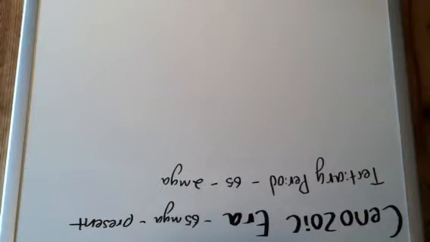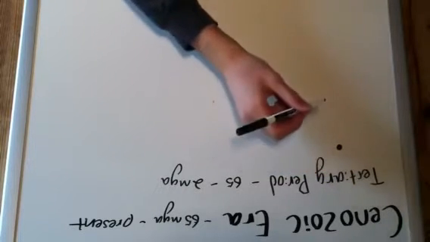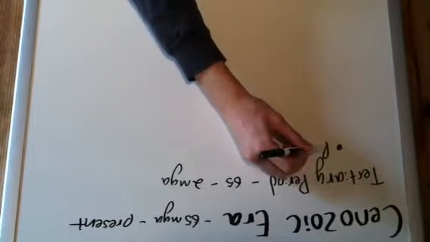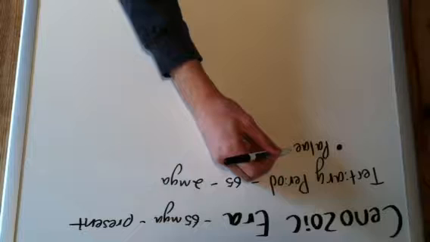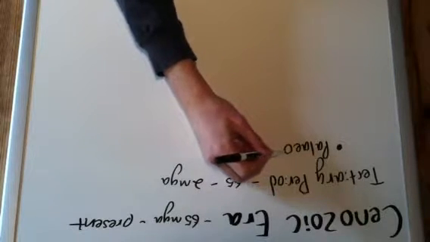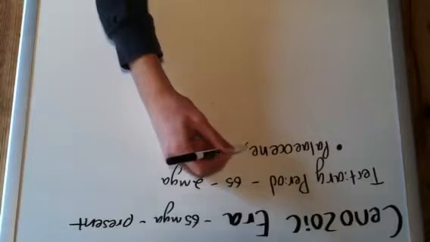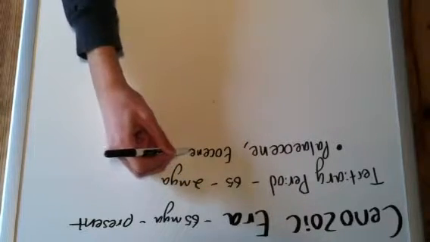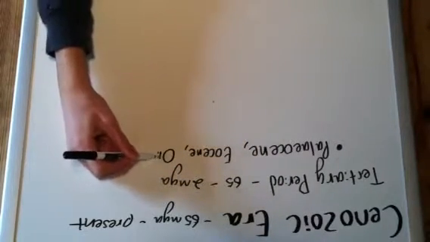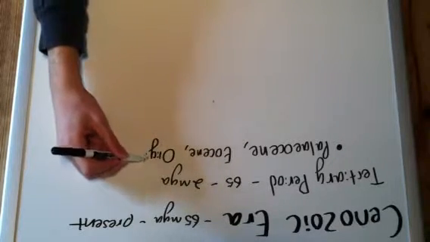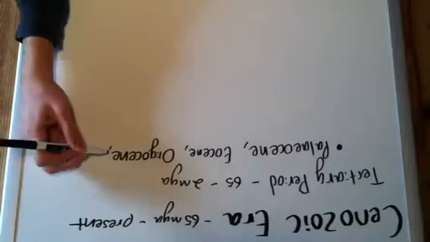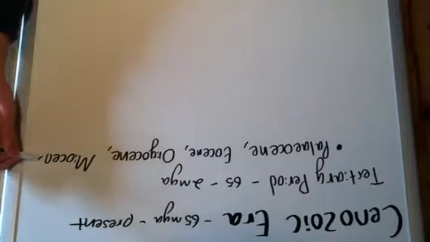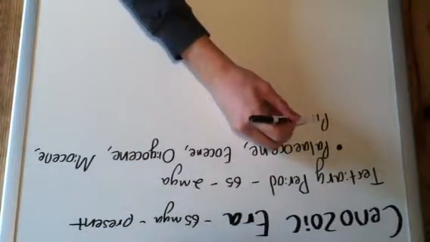Just to give you the names, the five epochs that it is divided up into are, this one's kind of hard to spell, I think it's Paleocene, followed by the Eocene, followed by the Oligocene, followed by the Miocene, and finally the Pliocene.